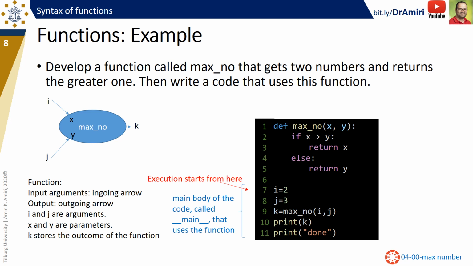Execution always starts from the main body of the code. Actually, the first line of the main body of code. Here, line 7 is where the code starts. So the first line that is executed is i equal to 2.